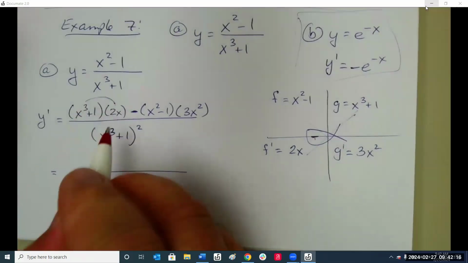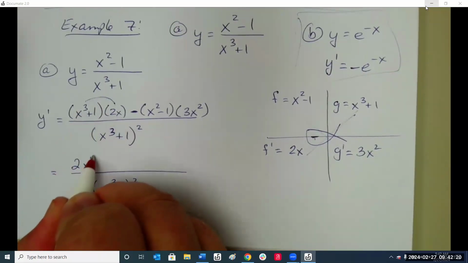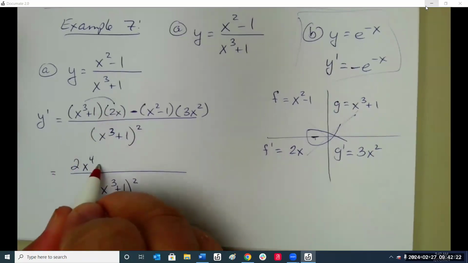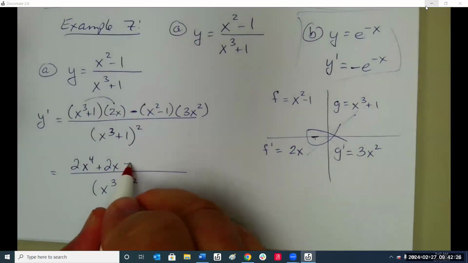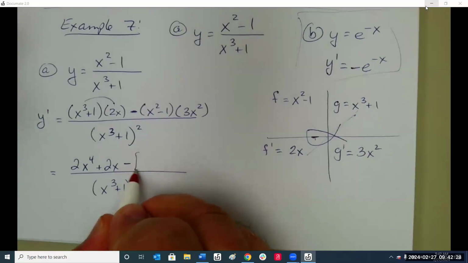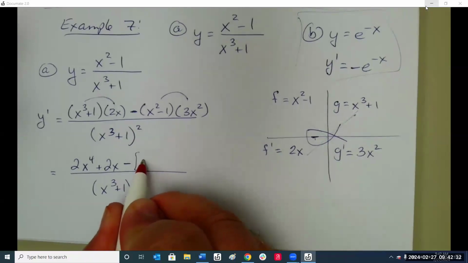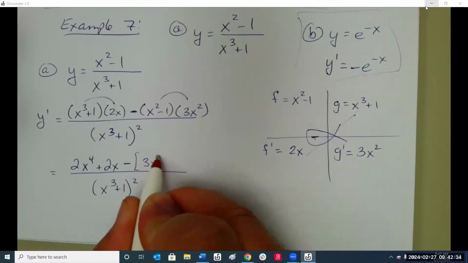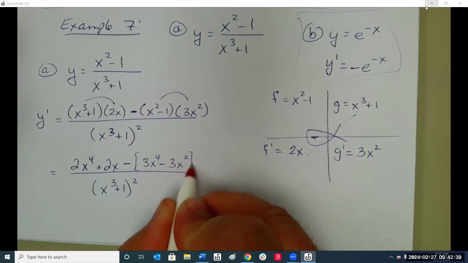So on top, we got 2x times x cubed is 2x to the 4th plus 2x, minus 3x squared times x squared is 3x to the 4th minus 3x squared.